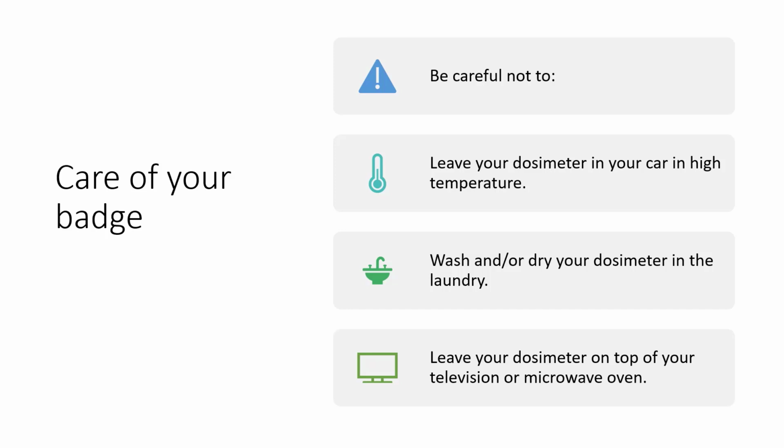If the occupational worker does not take care of their badge correctly and they do something that damages or changes the readings in the dosimeter, they are not accurate. So we should be careful not to leave your dosimeter in your car in high temperatures, wash or dry your dosimeter in the laundry by accident, or leave your dosimeter on top of your television or microwave oven, which also generate ionizing radiation.